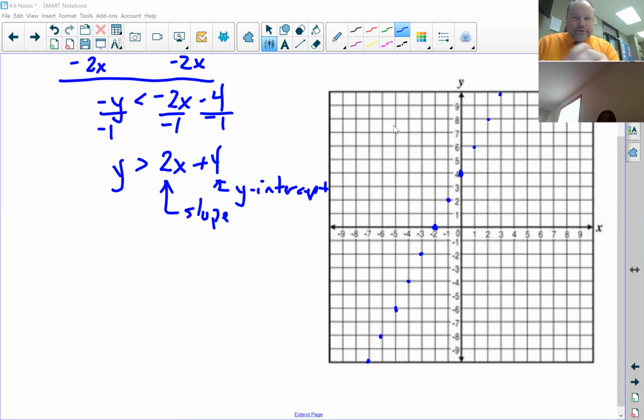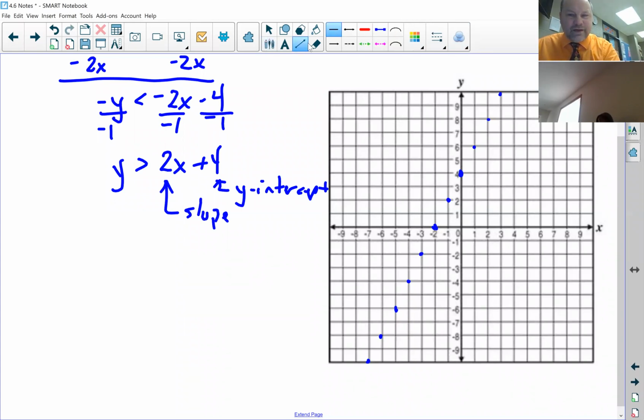So one way to remember, if there's a solid line underneath our inequality, we'll draw a solid line for our graph. Here, there's no solid line, so it's not going to be solid. It is going to be dashed. Excellent.